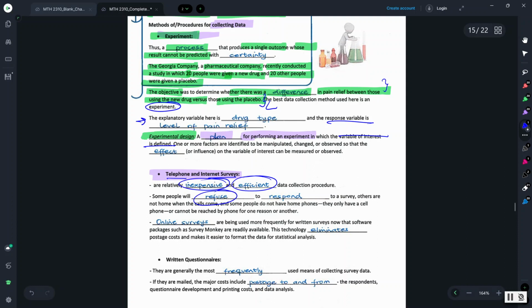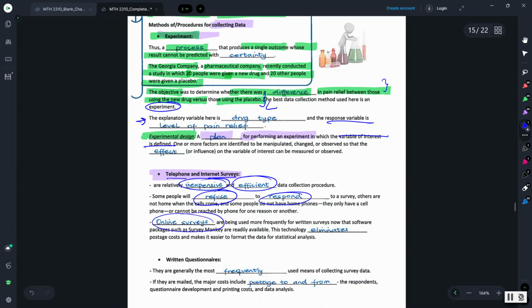We have response rates that can be reasonably low, so low that the information collected from that sample data might not truly represent the entire population. And so that is usually an issue to contend with.